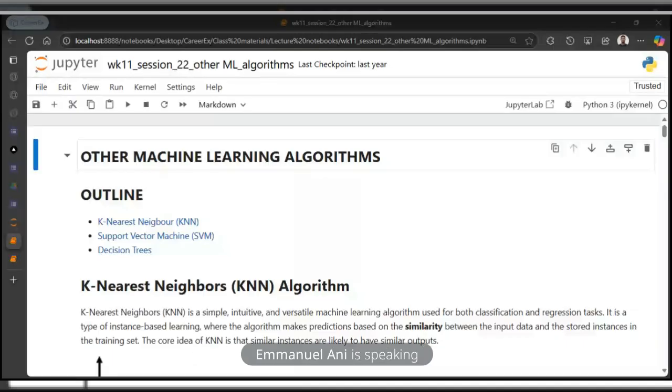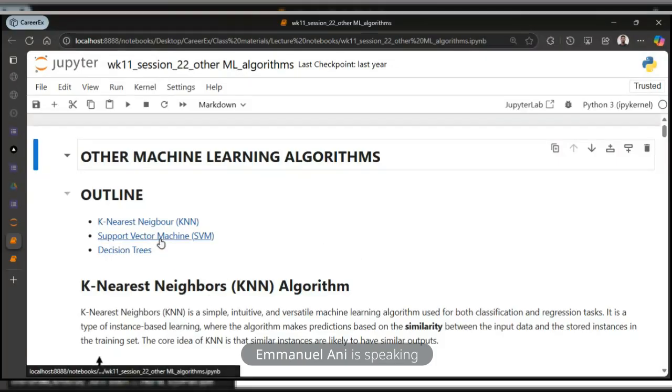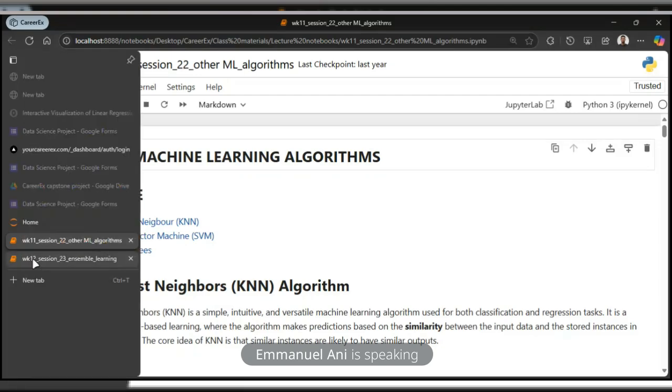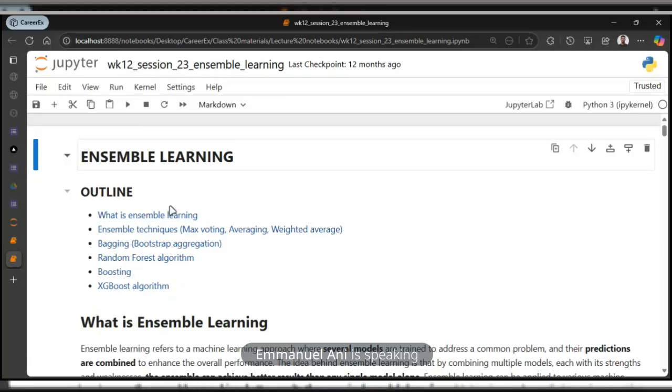As I was saying, we're going to be looking at several ML algorithms today. We have two materials we will try to cover. In this one we're going to look at KNN, SVM, and decision trees. We also have the second material where we're going to look at ensemble learning, which is a family of algorithms.